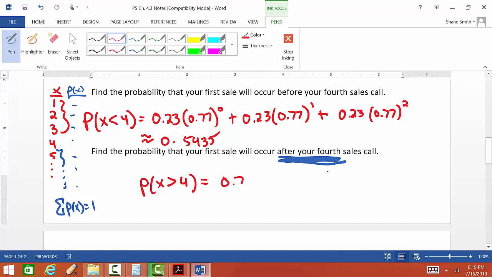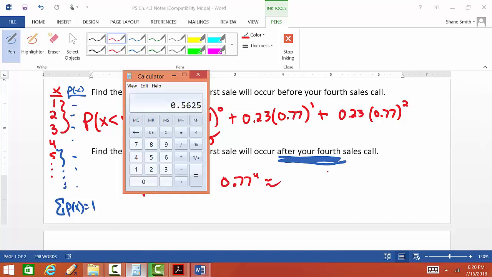So that means you don't even need the formula for this. If you had 4 failures before your first sale, all it is is 0.77 to the fourth. That's it. 0.77 to the fourth, which is... no, it's not letting me do the caret.